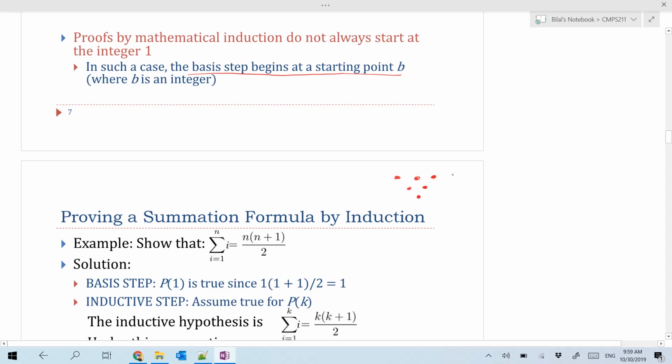So if we have, let's say, 3 lines, then we need 1 bowling pin on the first one, 2 bowling pins on the next one, and 3 bowling pins on the last line, and so on and so forth. So for n lines in general, we need 1 plus 2 plus 3 plus up until n bowling pins.